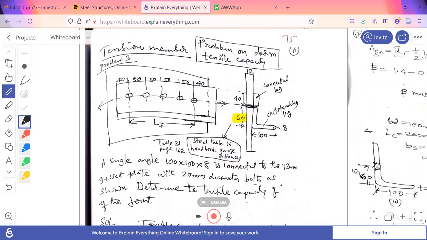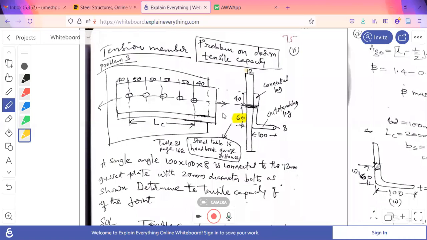You can see this angle is connected to a gusset plate here. Gusset plate thickness is 12 mm. There are 1, 2, 3, 4, 5 bolts connected along a single line.